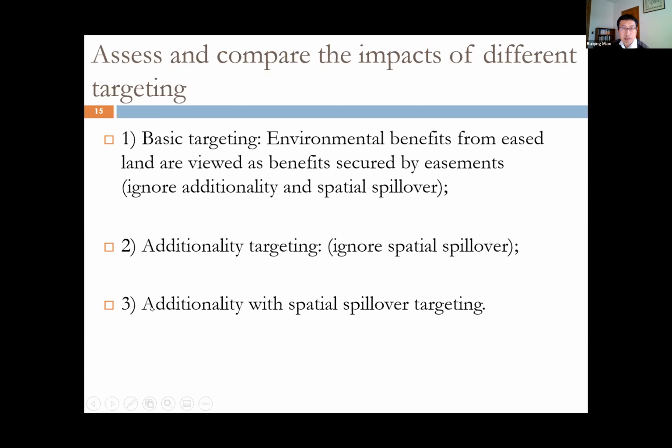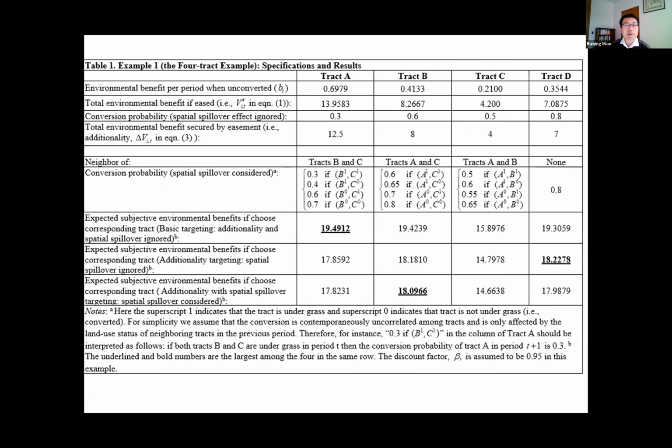The third is the additionality with spatial spillover targeting. This is the most comprehensive, or most preferred, targeting, because it considers both additionality and the spatial spillover effect. And also we'll have some heuristics to look at how those heuristic algorithms will perform relative to this targeting optimization.